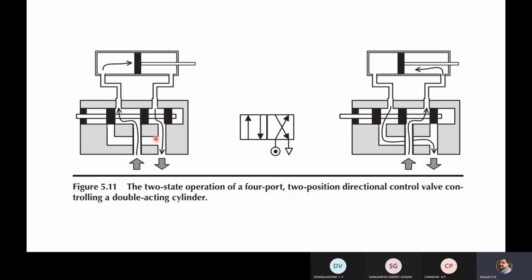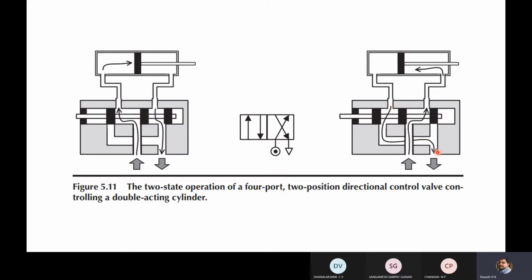This is one position. Next, suppose if we actuate the valve, it will shift to this position. Initially this position is actuated. By default it will be in this position. When you actuate the valve, it will shift from this position to this one. When it shifts to the second position, connection will be like this. There will be connection between this port and this one. So that is the indication.